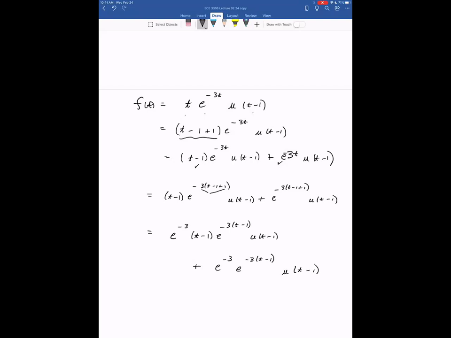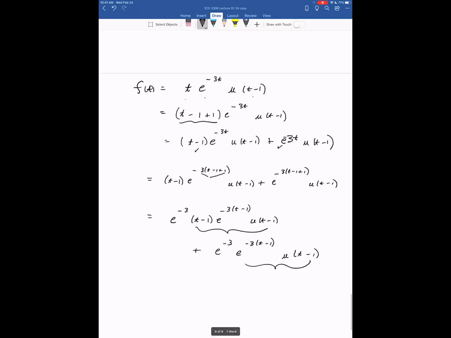So for now, humor me, and we'll pull out the common term of e to the minus 3, and we're going to work on the transform of each of these.